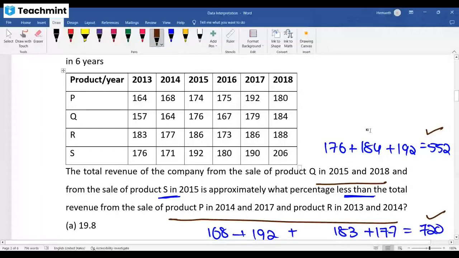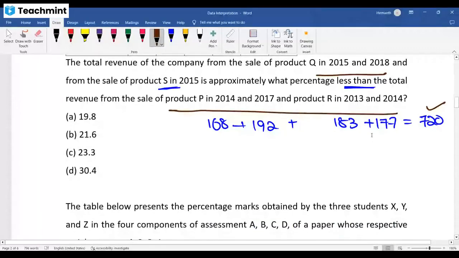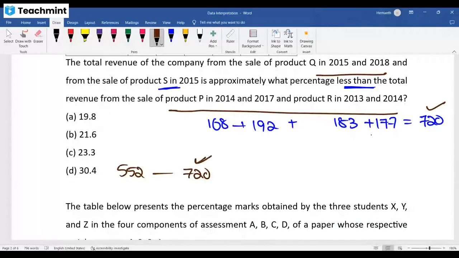So percentage less than, how to calculate? 552 compared to 720 only. After that you have this word. So 148 divided by 720 into 100. What do you get? Which is 68. No, the answer is different.